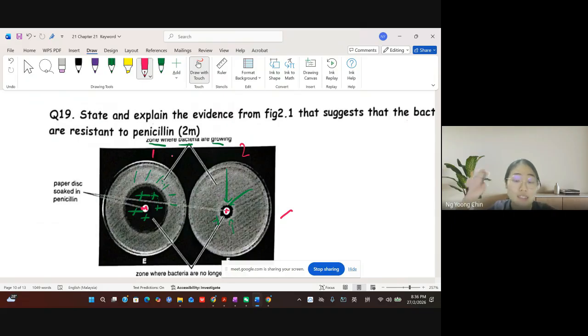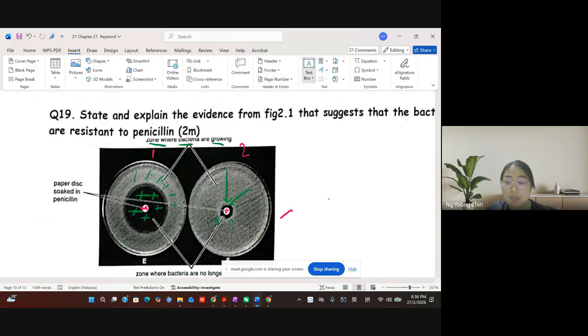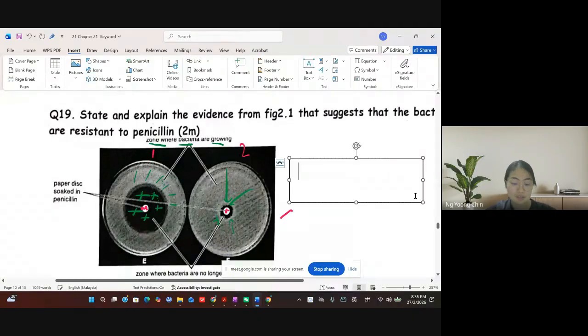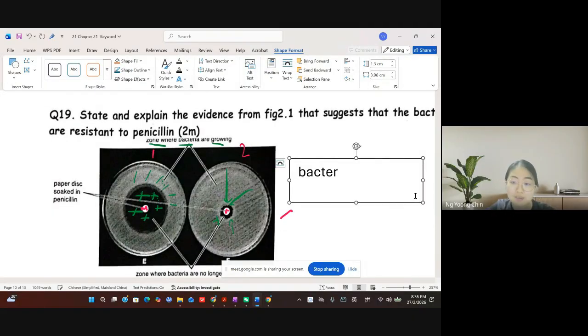My question is, which plate has the bacteria that developed resistance to the antibiotic? If the bacteria develop resistance to the antibiotic, can the bacteria be killed by the antibiotic or not?